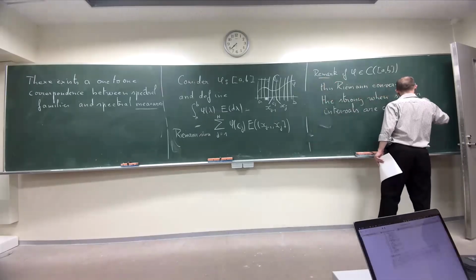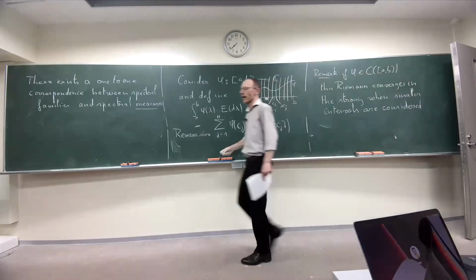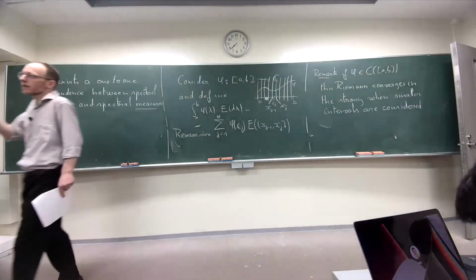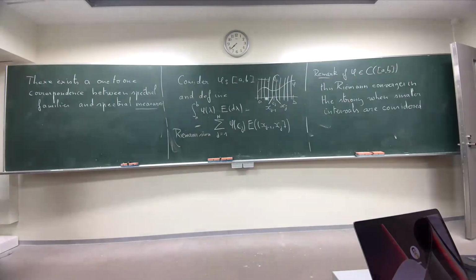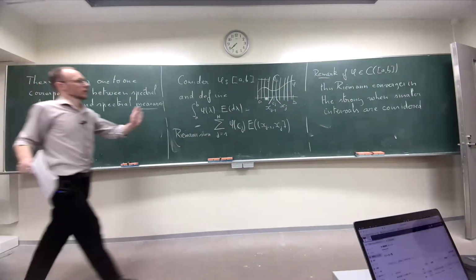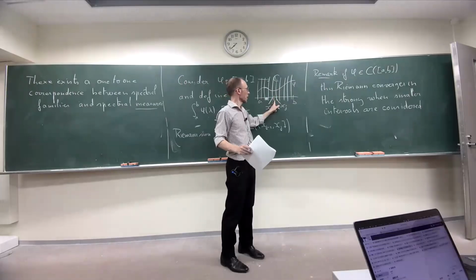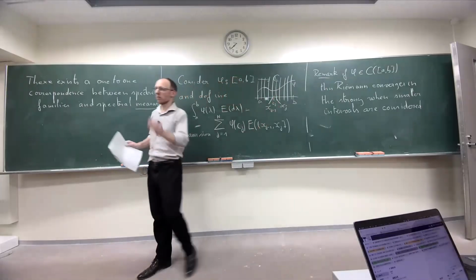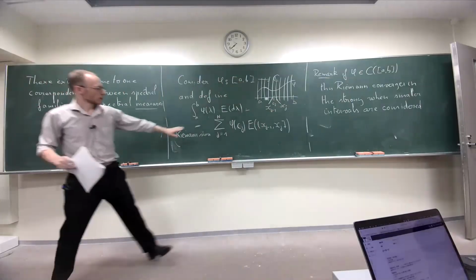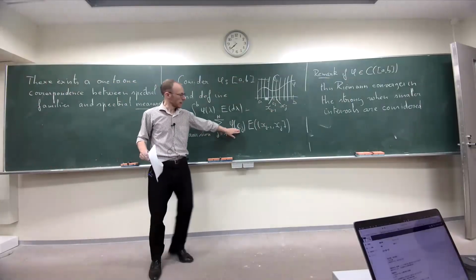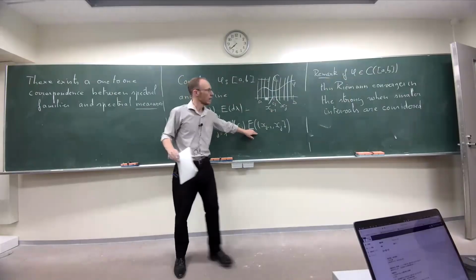Again, it's a limit of operators, so you have to specify in which sense you take convergence. But think about it. For every point, I take one complex number times a projection, and I multiply these two. So I take phi at Cj times this projection.